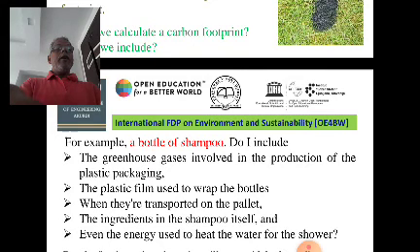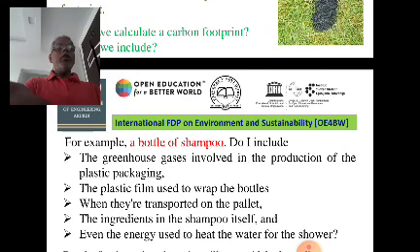When we are calculating the cost in grams of carbon dioxide, should we include the greenhouse gases involved in the production of plastic packaging, because the bottle which we use for the shampoo is made of plastic. Then over that bottle there is a film wrap over it.